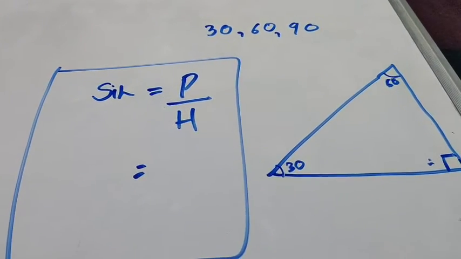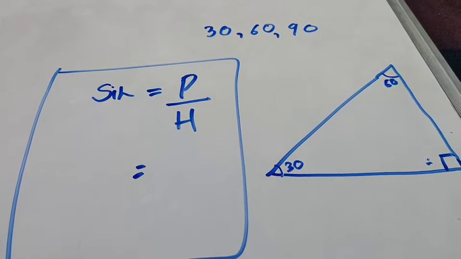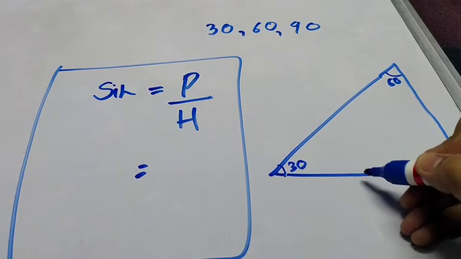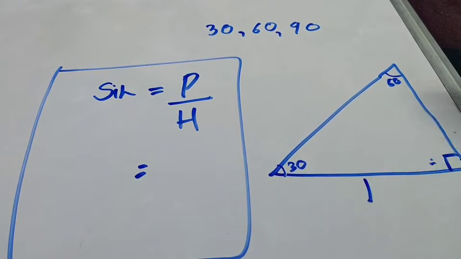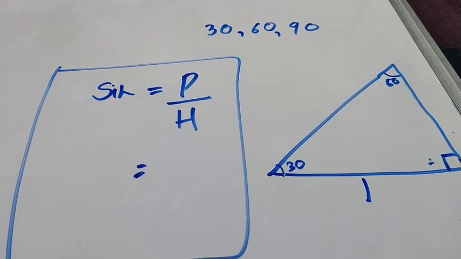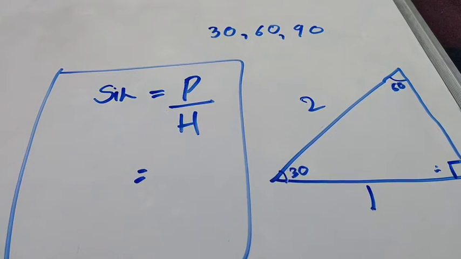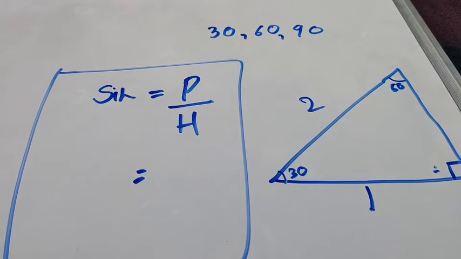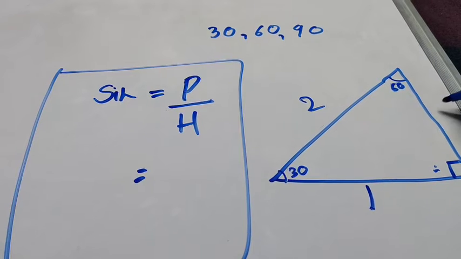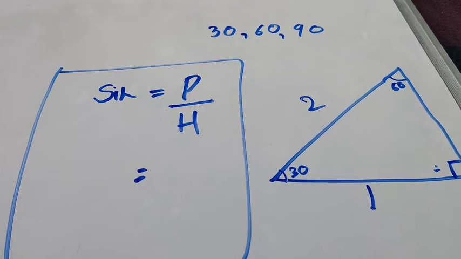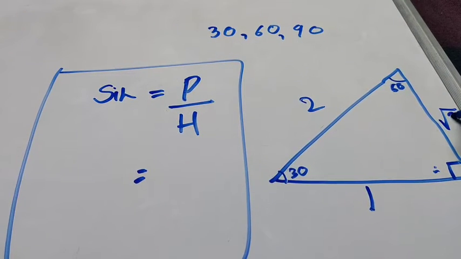So what we had found out is that this side is 1, and the hypotenuse was 2, and the perpendicular was root 3.